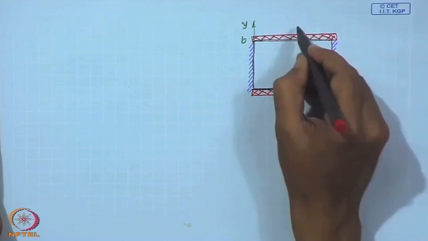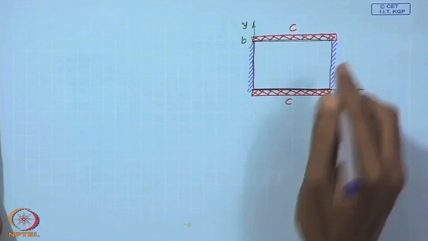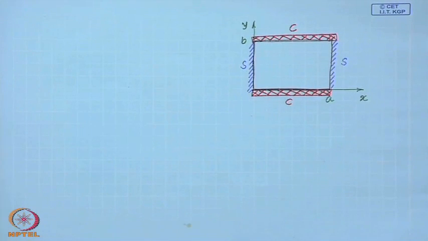So, these two are clamped and these two edges are simply supported.